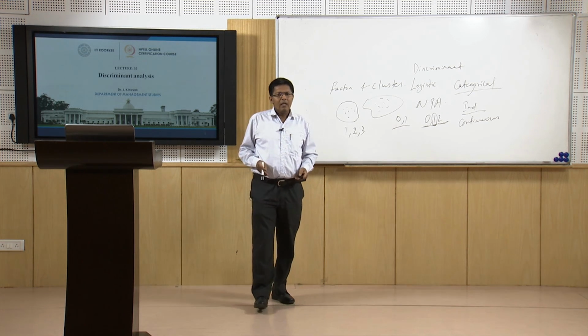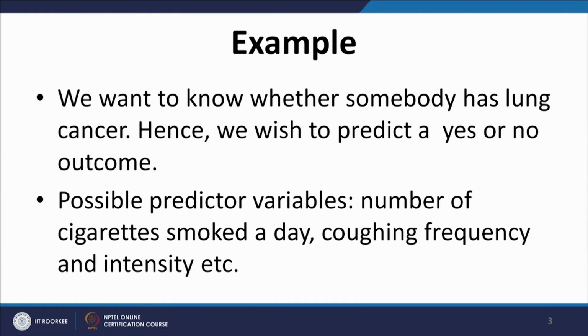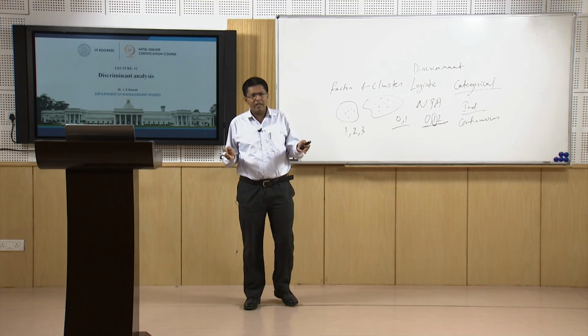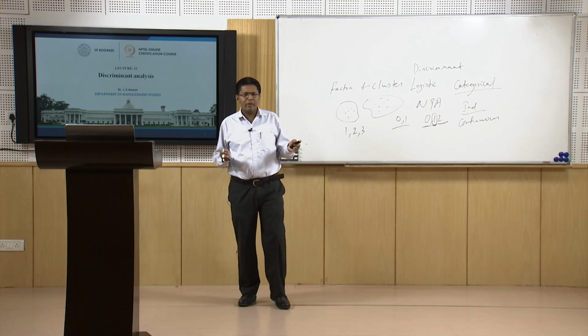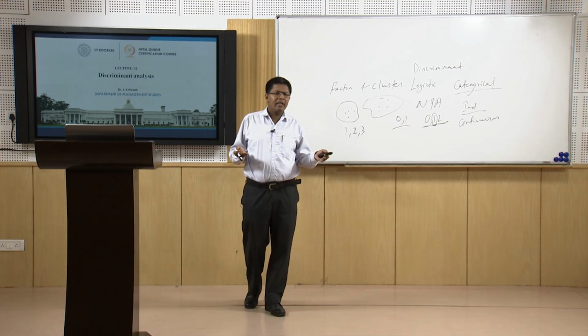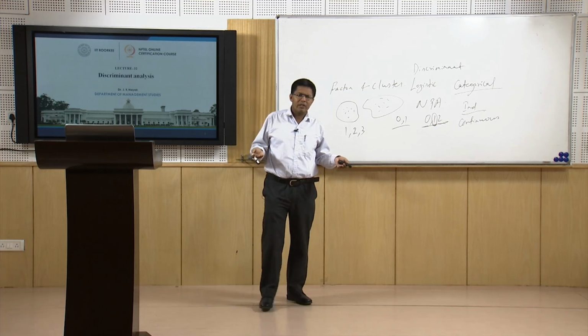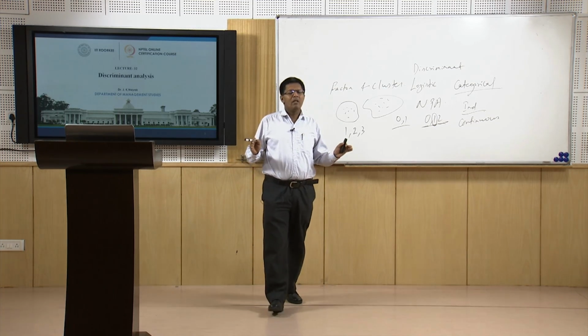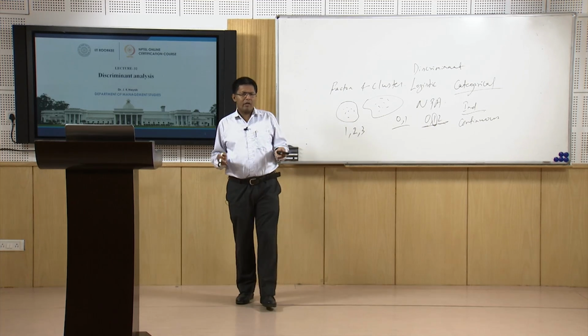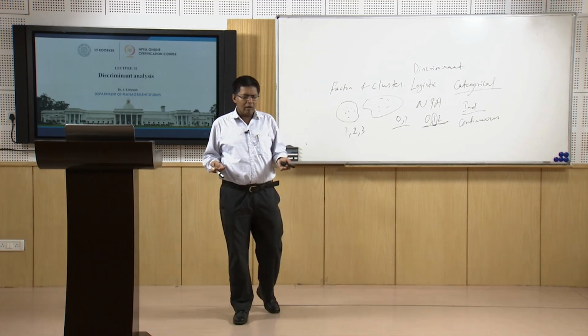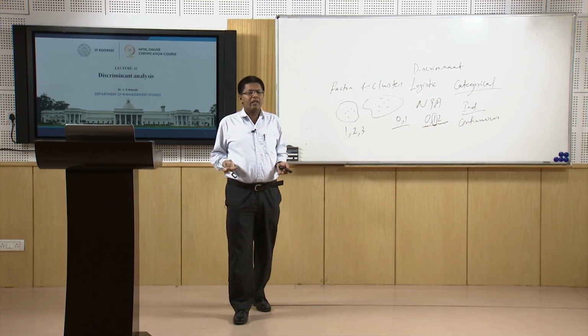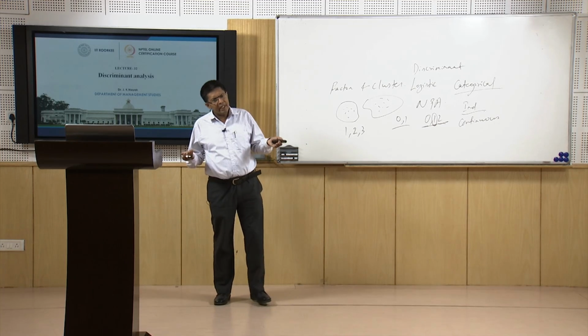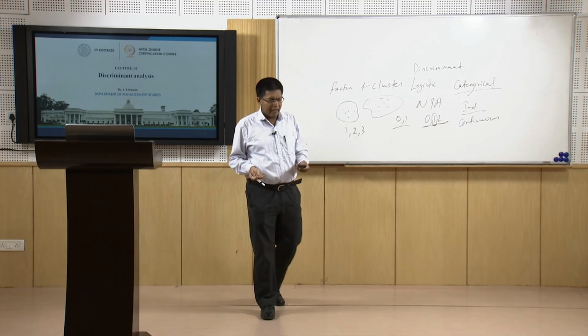The intensity of the coughing: is the coughing very highly intensive? You can give a score to that, maybe 1 to 7 or 1 to 5, like in a Likert scale. Or you can measure the sound he is making, the decibel of the sound, that also could be an indicator. You can take any way, right.